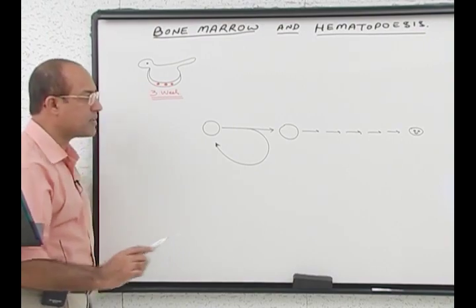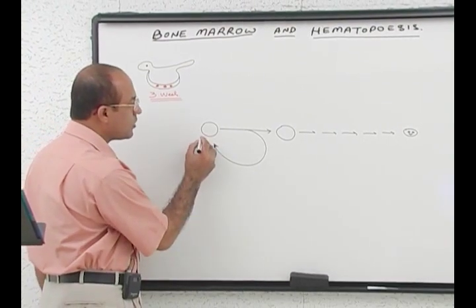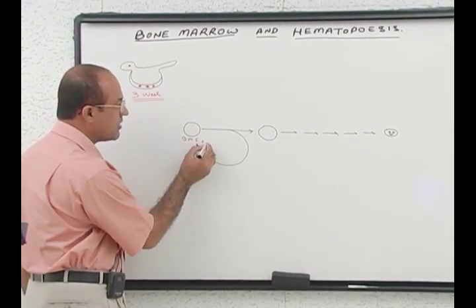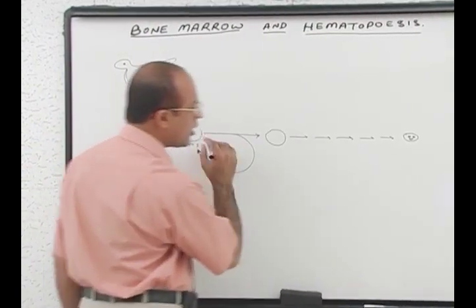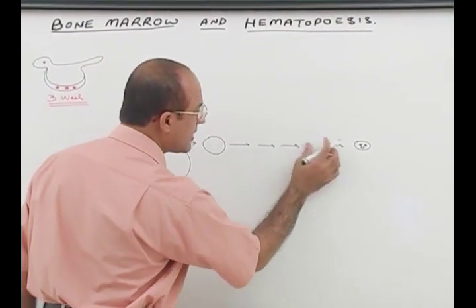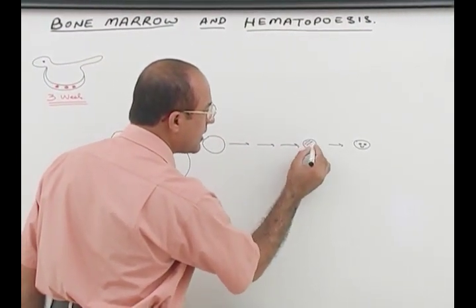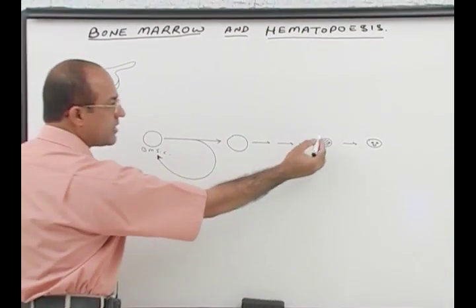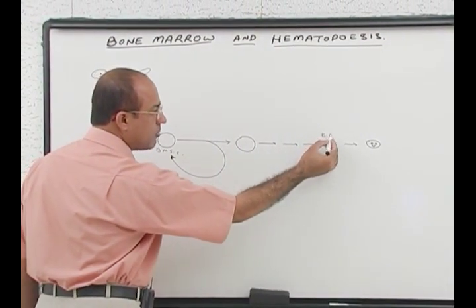For concept purposes, let me tell you that this is a bone marrow stem cell, right? And suppose along the differentiation line, here is a cell called an erythroblast.